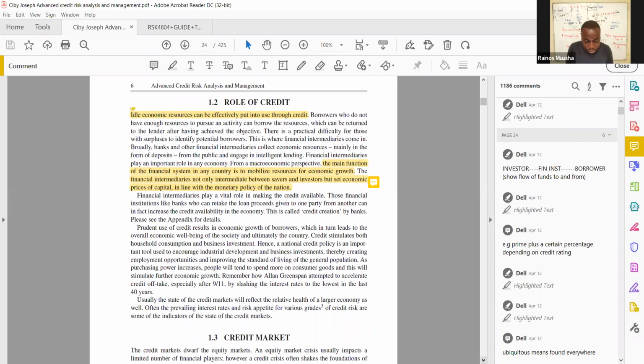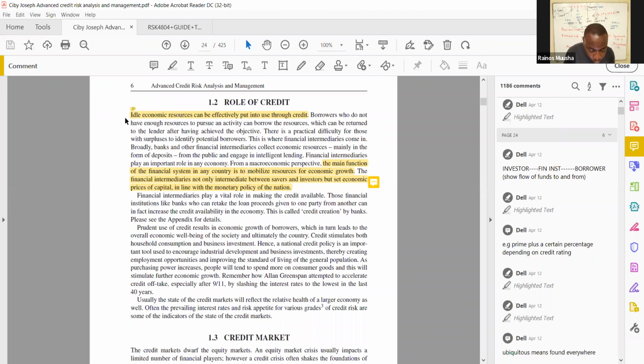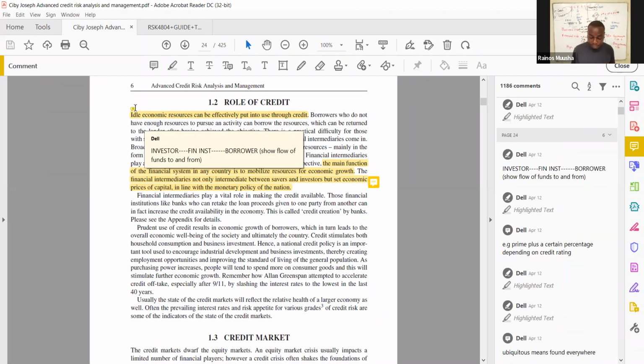In section 1.2, we look at the role of credit. When you look at the role of credit, we're basically saying idle economic resources can be effectively put into use through credit. For example, we look at the link between the investor, the financial institution, and the borrower.